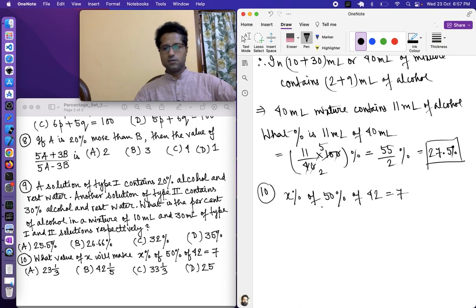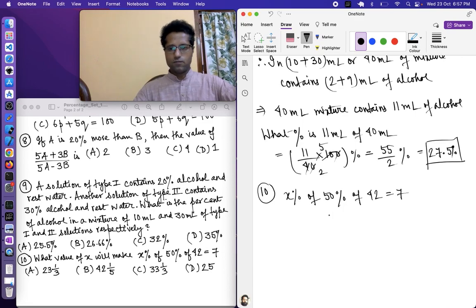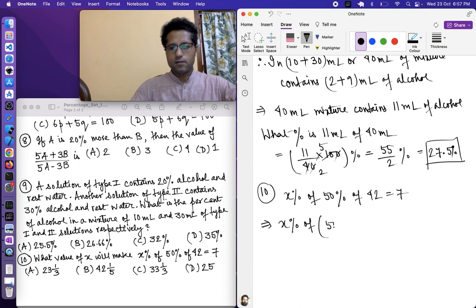As you can see in this problem, on the left hand side there are multiple percentages chained together, so we have to work from right to left. The left hand side will be x percent of, first we have to evaluate 50% of 42, and on the right hand side we have 7.